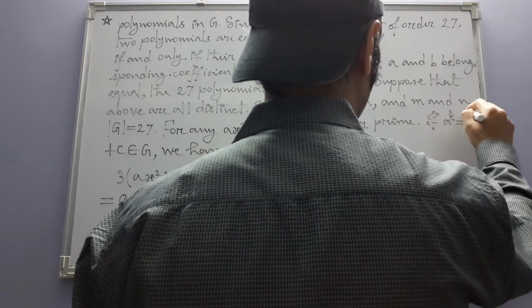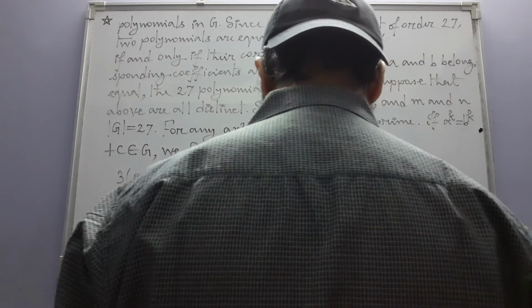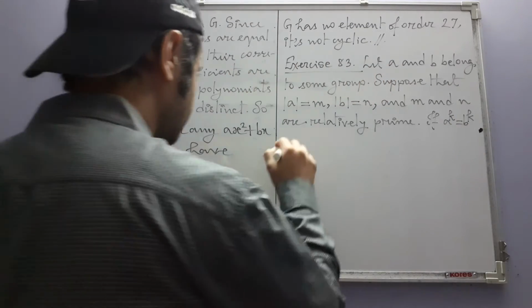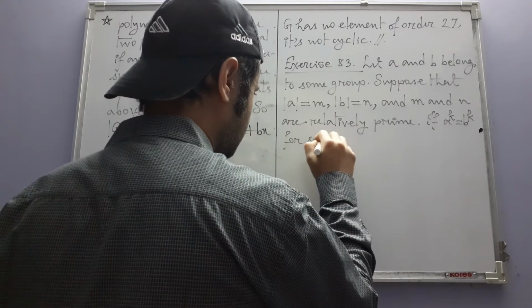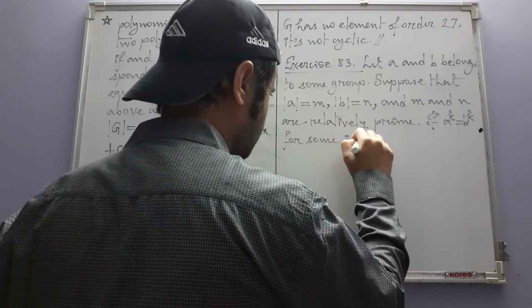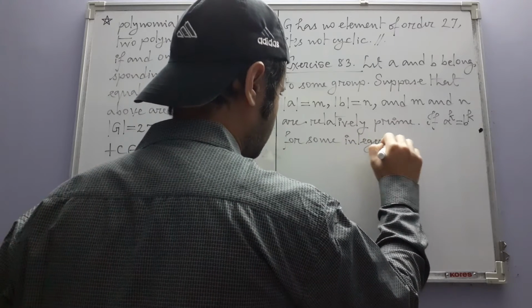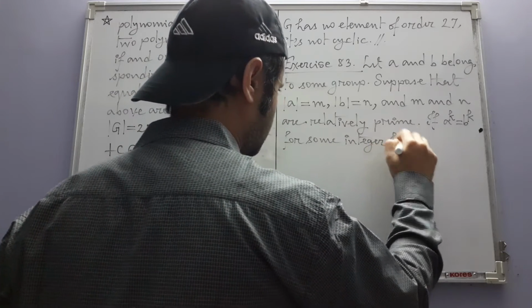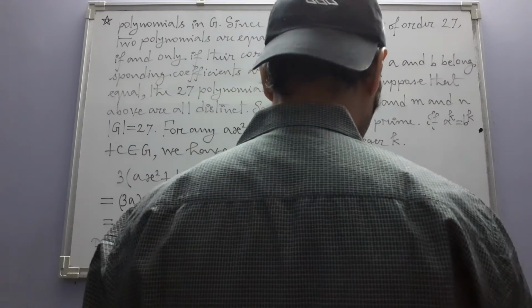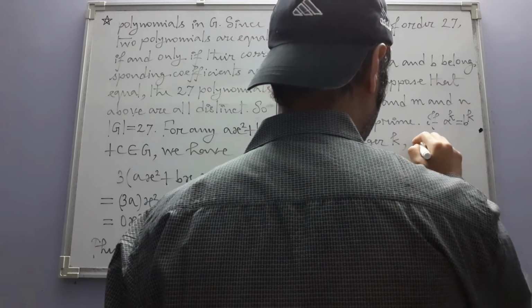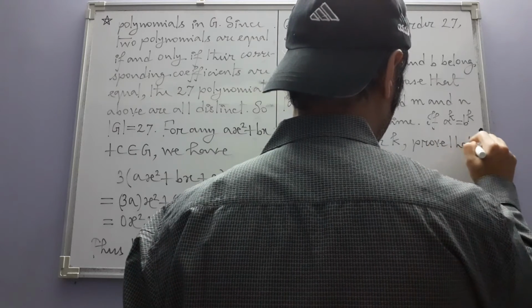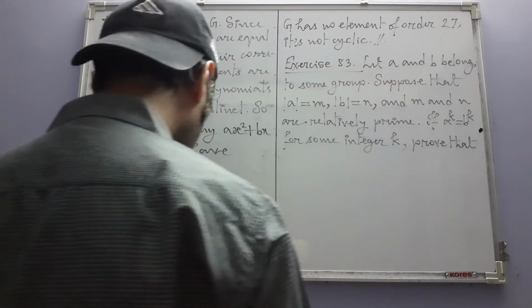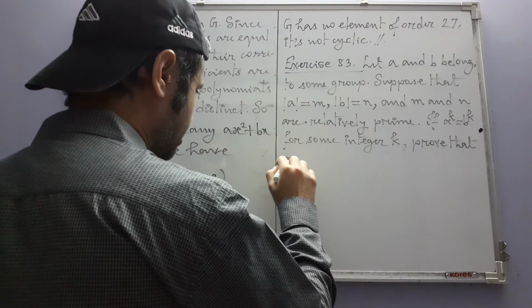If A to the power k equals B to the power k for some integer k, prove that MN divides k.